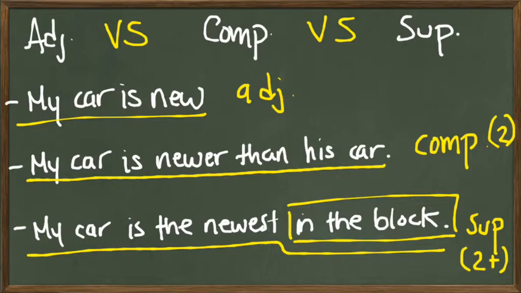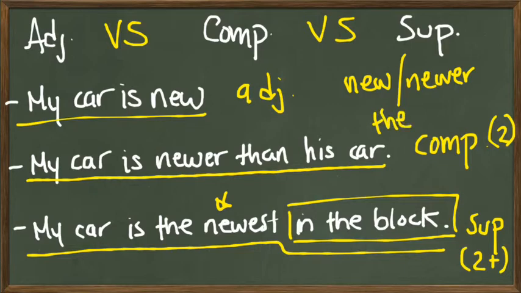And here we have the superlative form, newest. From new, we change to newer, and when we want to talk about more than two, we say the newest. Then again, if you require more explanation, you can refer to your teacher in class.